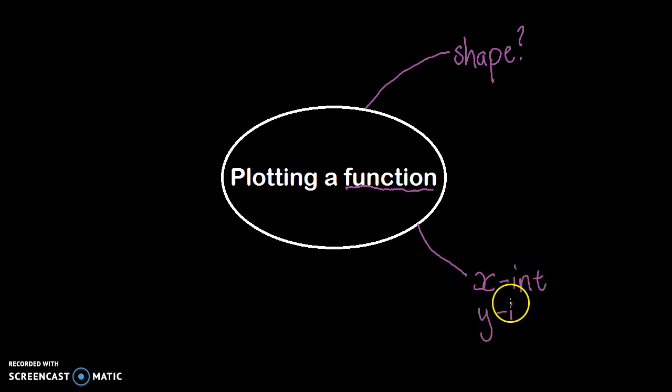And of course, we know by now that in order to find the x-intercept, you've got to make y equal to 0. And in order to find the y-intercept, you've got to make x equal to 0. Remember that 2 of the functions have asymptotes, hyperbolas and exponential functions.